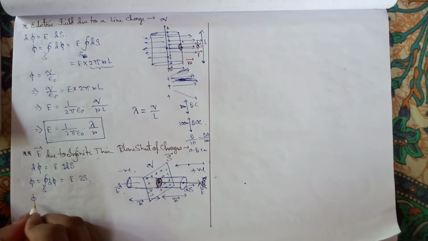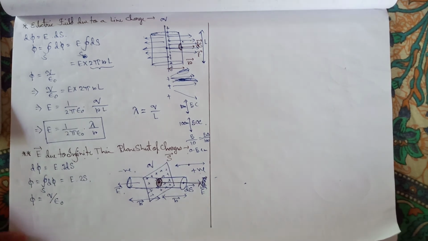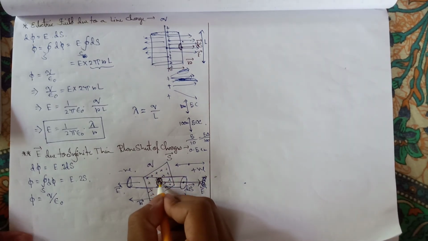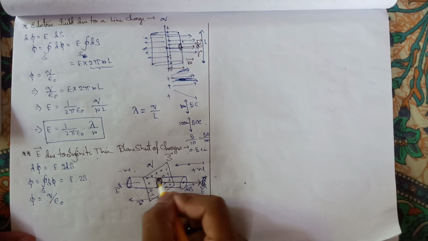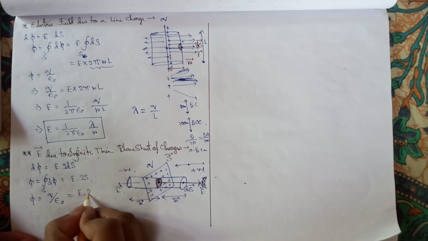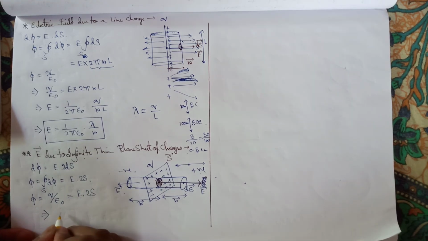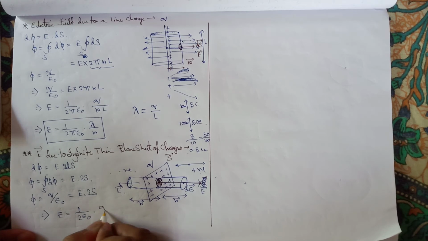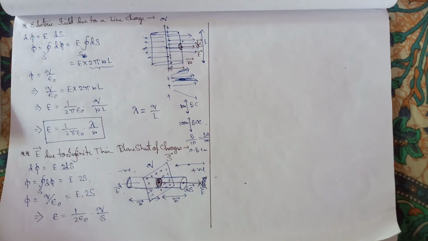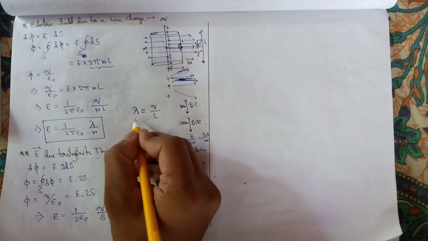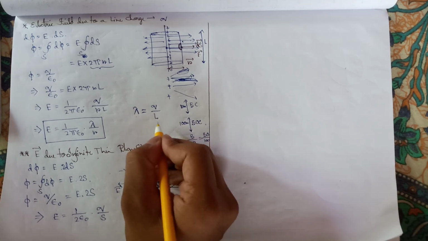Now again from Gauss law we know it's q by epsilon naught, because this surface encloses charge q. So we can say q by epsilon naught equals E into 2S. From here we can say E equals 1 by 2 epsilon naught times q by S. Now look at that: as we know lambda is q by L, that means charge per unit length.